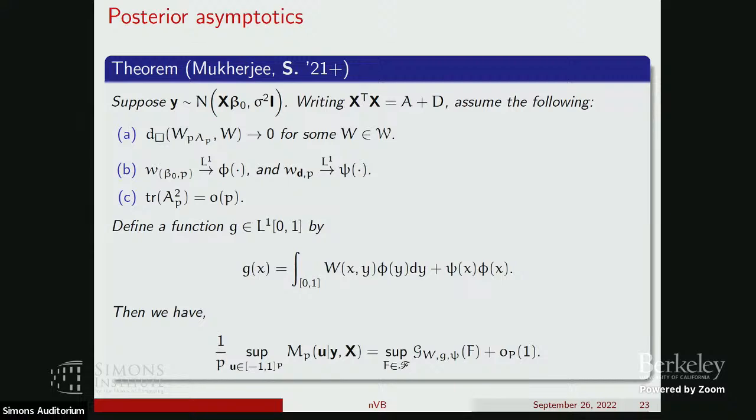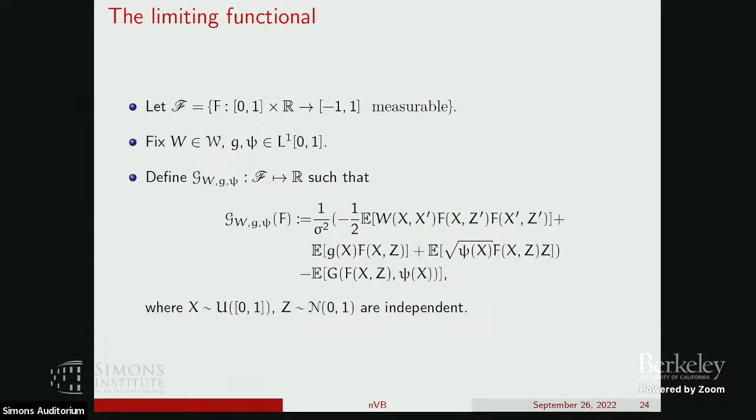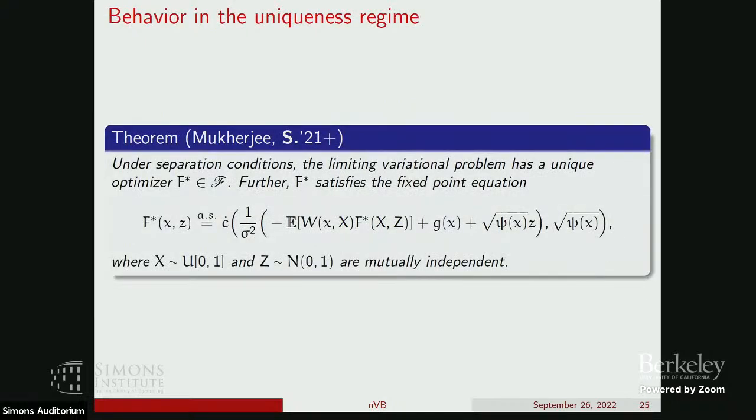This is the main punchline. And then I have some description for this limiting functional. I have some interpretation for that, but I don't think I'll have time to actually parse this. There is some explicit form for what this functional is. But what is nice here, and what I want to draw your attention to, is that under these conditions, you have some unique optimizer.